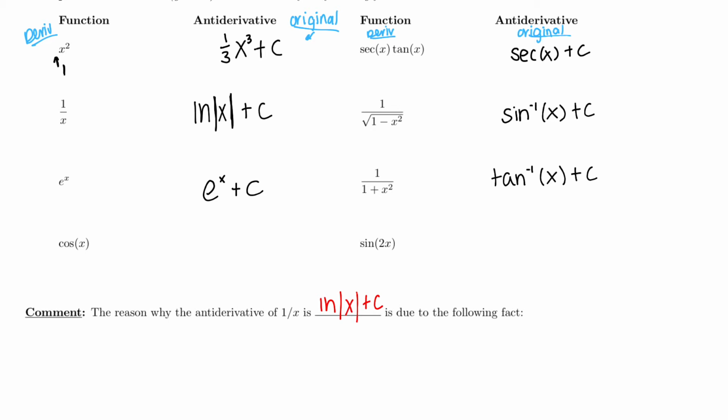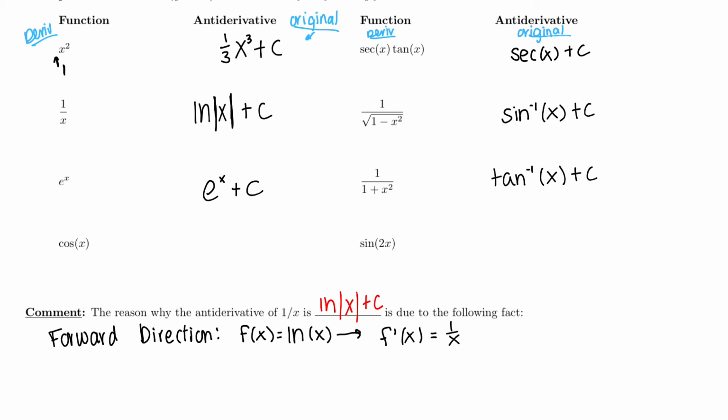In the forward direction, you start with f of x equals ln x, right? No absolute values. And you take its derivative and you get f prime of x is equal to 1 over x.